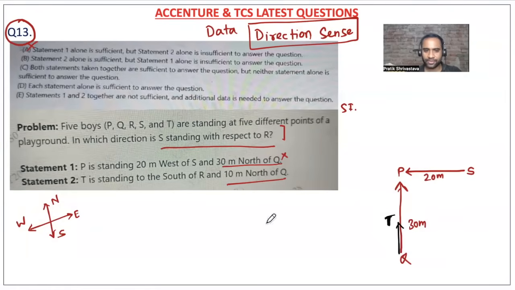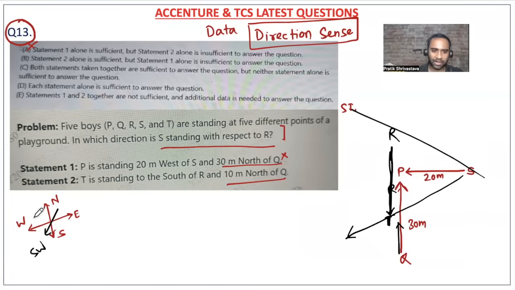And T is south of R. Now, if R is here, then T south, then the direction will be what? Southeast. But if R is here, then this particular location will be northwest.